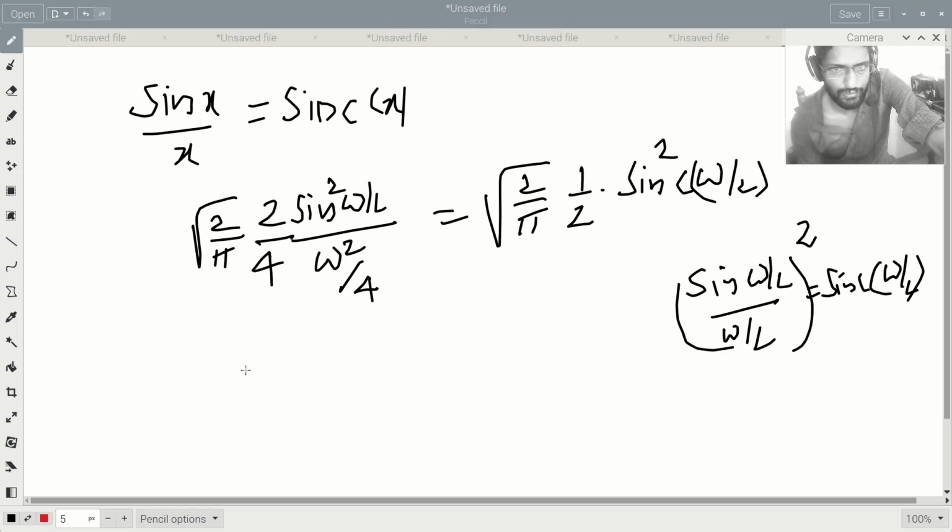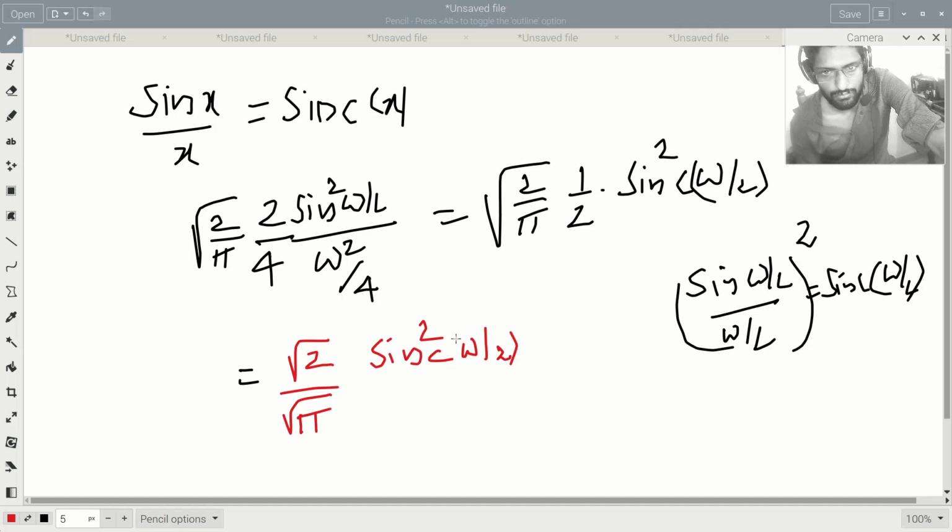Now we can again rearrange it and we will get a final form. So that 2 in the denominator: we have root 2 upon root pi into sinc square omega by 2 divided by 2.